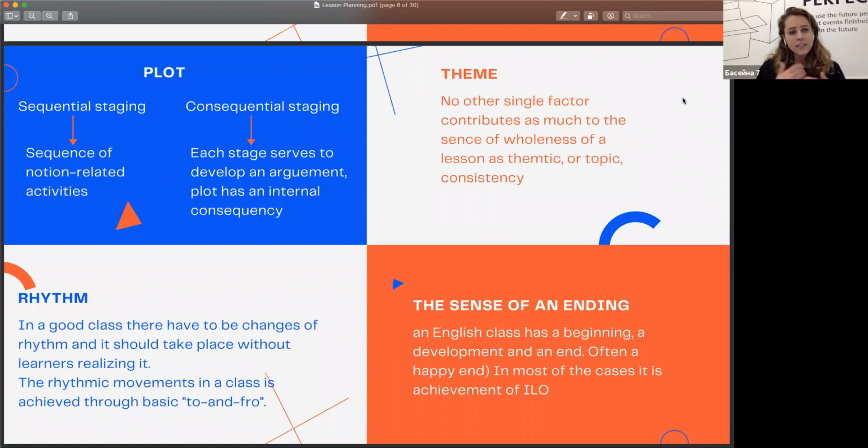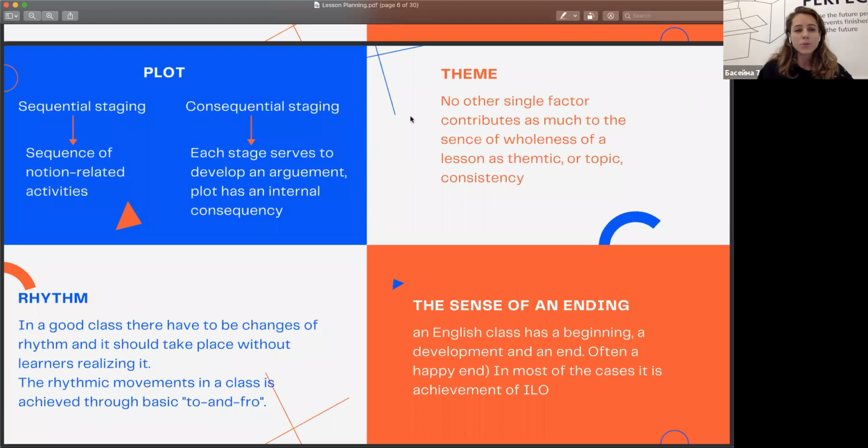Though it doesn't only suit the presentation, practice, production structure of the class. It can also be TTT, task, teach, test, where at the end of the class, they still have this sense of achievement when they improve the performance of the repeated task.